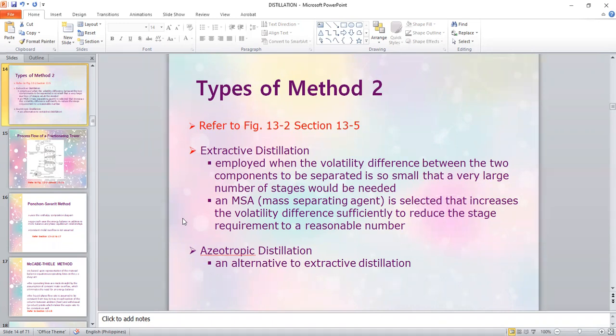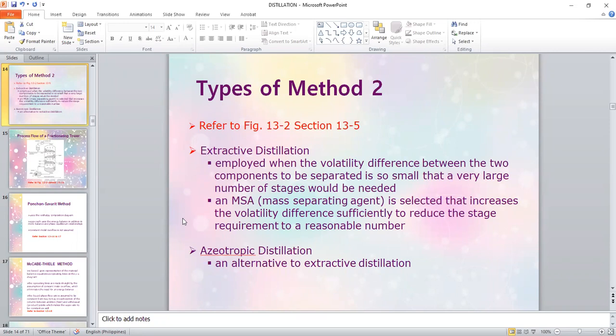We have discussed that the greater the difference in the concentration of the volatile and non-volatile components, the easier it is to separate them. But in extractive distillation, when the volatilities of the components are very near each other, meaning their difference is so small, then we can use extractive distillation.